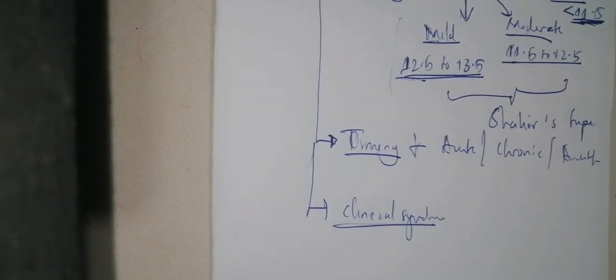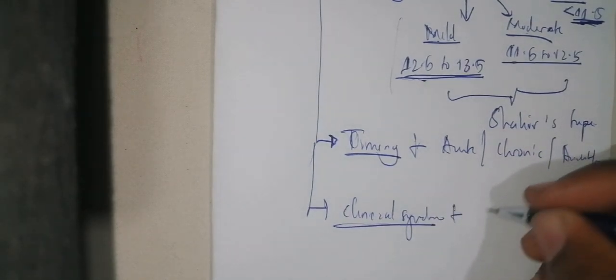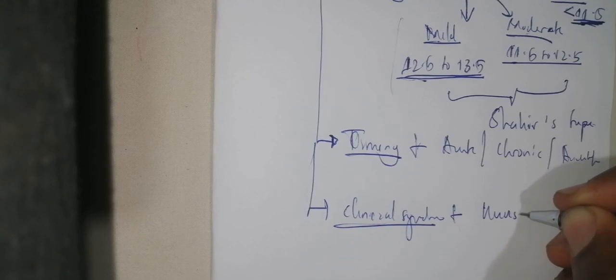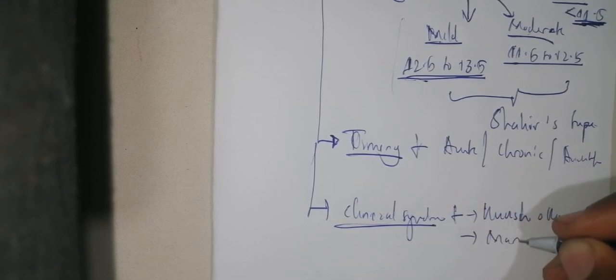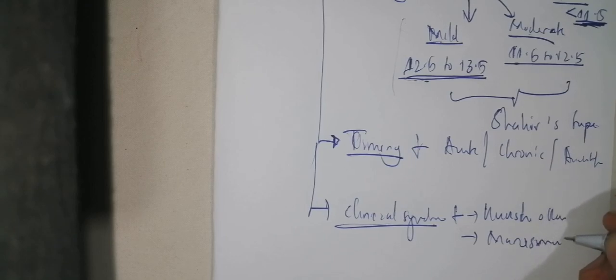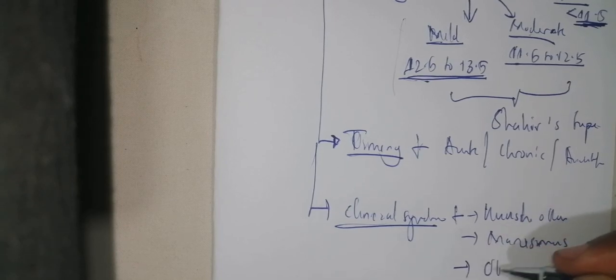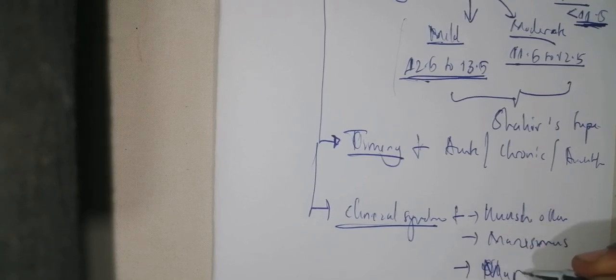For the clinical syndrome of the malnutrition, you can speak about kwashiorkor. It can be kwashiorkor clinical syndrome, associated with protein malnutrition only. It can be marasmus clinical syndrome, associated with protein energy malnutrition. It can be marasmic kwashiorkor. Is it clear?